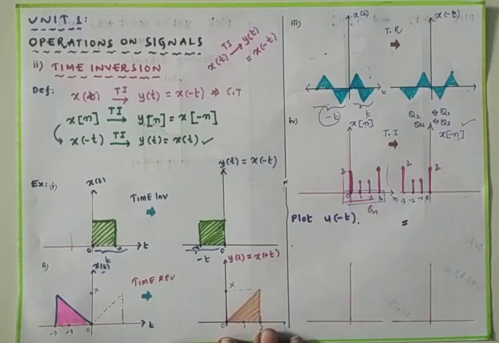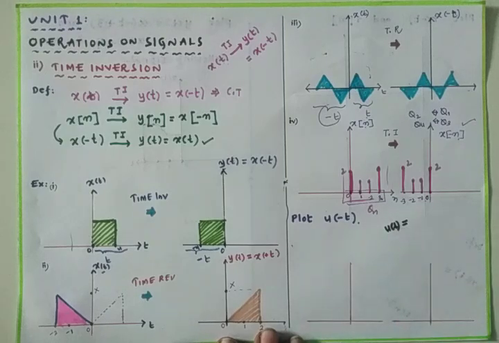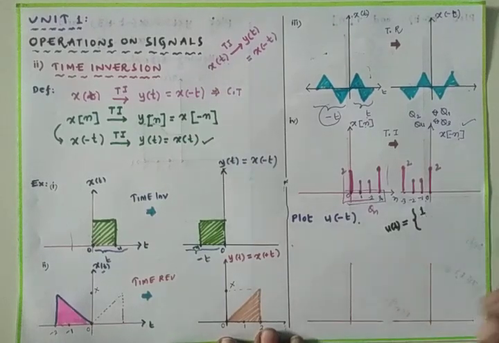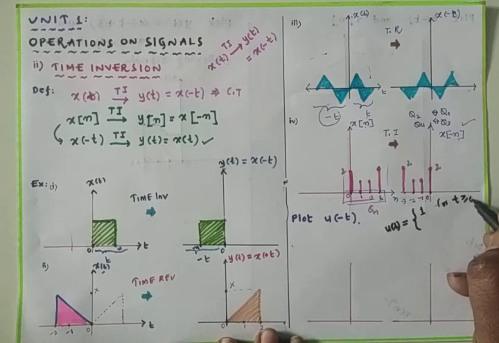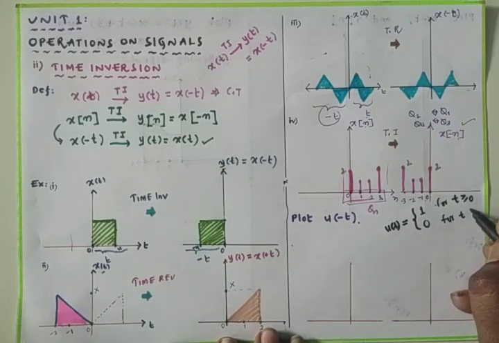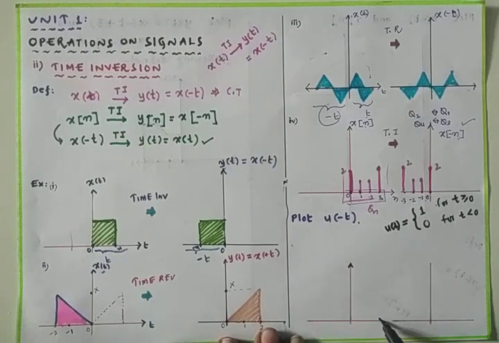First of all, you have to write what u of t is. We know the definition: u of t is a continuous time unit step signal whose amplitude is 1 for t greater than or equal to 0, and otherwise the amplitude is 0 for t less than 0.